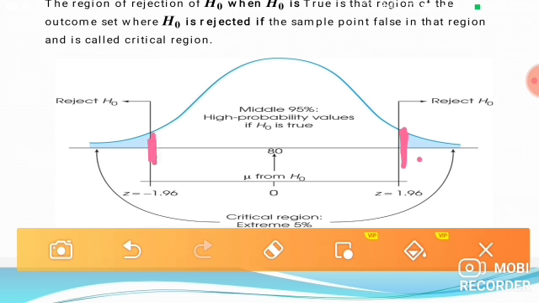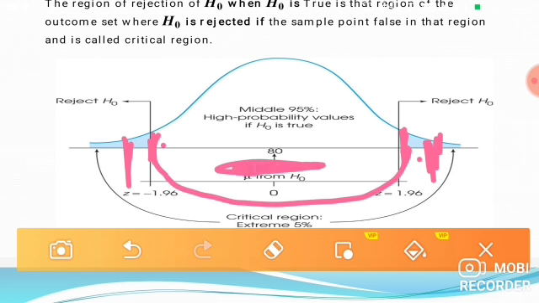If our sample mean and our sample values fall in this region, this is the critical region, and this is the acceptance region. 95% area of the normal distribution is the acceptance region, and if the value of our statistic comes greater than 1.96, maybe 1.97 or 1.98, then this is the rejection region.